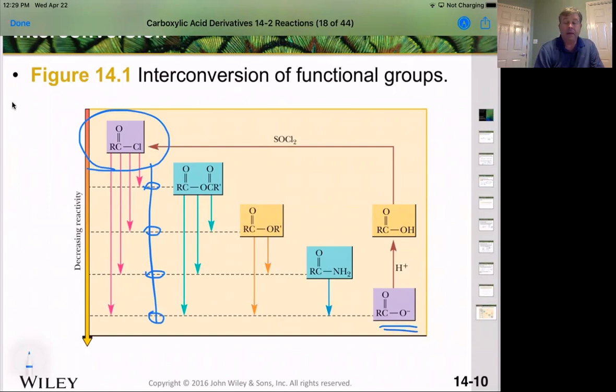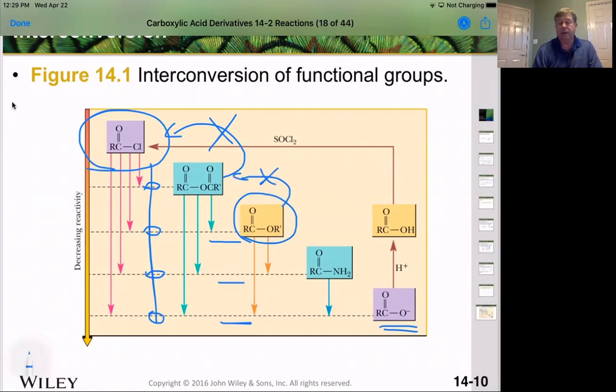The anhydride cannot be used to create that. It won't go in that direction, but it will be used to create the ester, the amide, or the acetate ion. The ester can't be used to create the anhydride. It can only be used to create the amide or the deprotonated species.